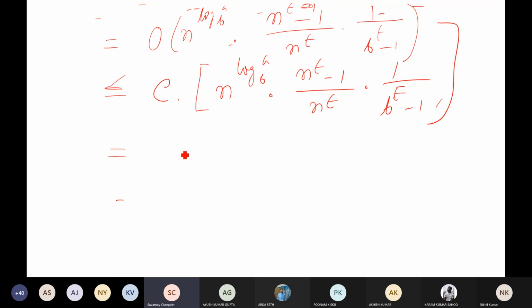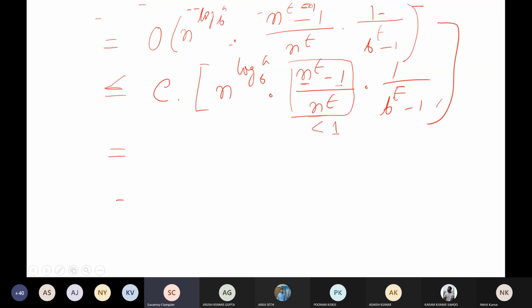Now consider this n, n is a positive value. Already we have considered epsilon is a positive value. So (n to the power epsilon minus 1) by n to the power epsilon will always be less than 1. This term always will be less than 1.